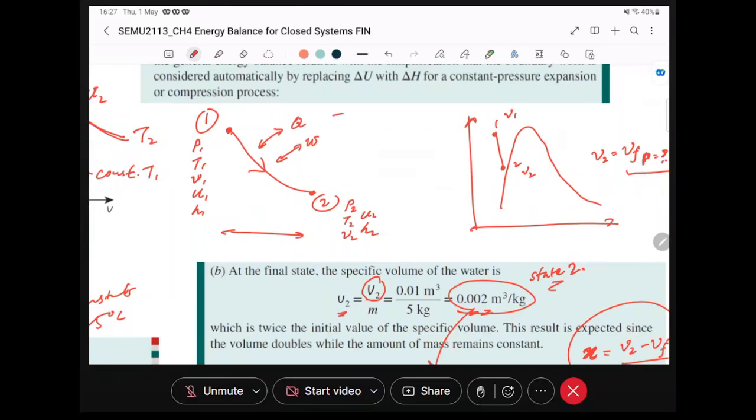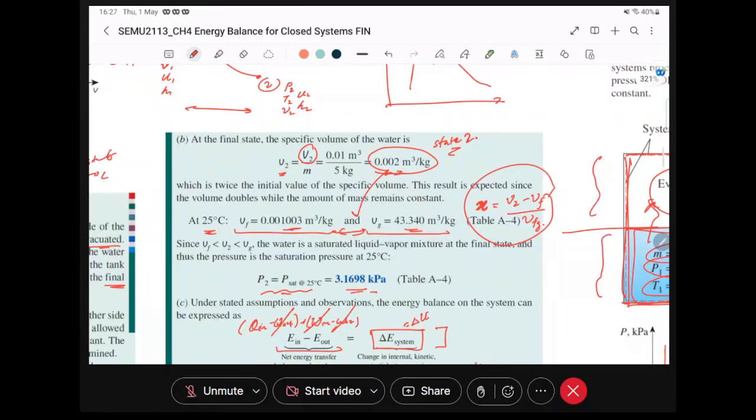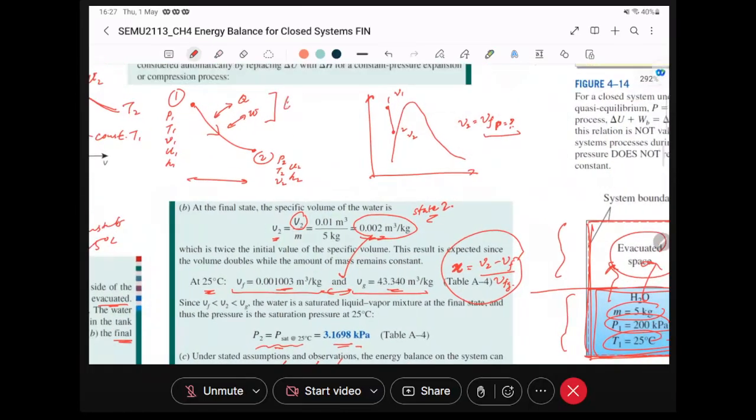And to govern this, really, we have to use the energy equation, the energy balance, which is E in minus E out equal to change in total energy. So the problem is always surrounding finding this property, finding this property eventually, right?